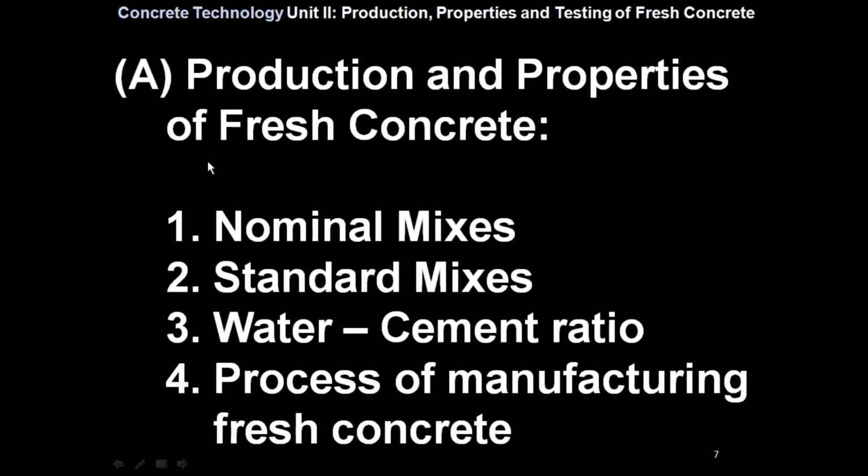Now we will see in this lecture the part A, production and properties of fresh concrete. First, nominal mix. Second, standard mix. Third, water cement ratio. Fourth, process of manufacturing fresh concrete.